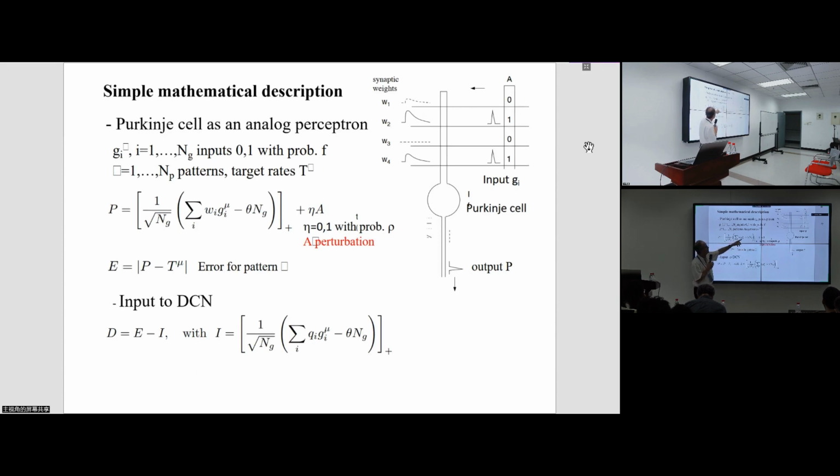Here you have this input from the granule cell, and you have some threshold, and here I put this rectifying linear unit that people love in the machine learning community, but it's just saying that it's linear above a threshold. And you want this P, this output, to be some target rate. And you have the same thing on the DCN.